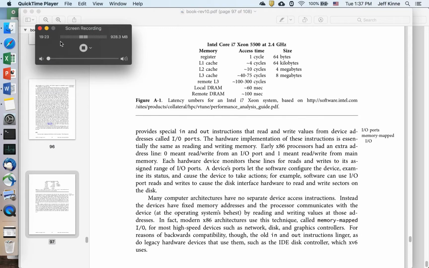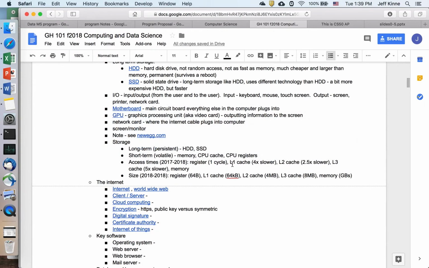Let me pause for a second. All right, let's go over and figure out this nanoseconds versus 1 CPU cycle. So maybe we'll take notes.